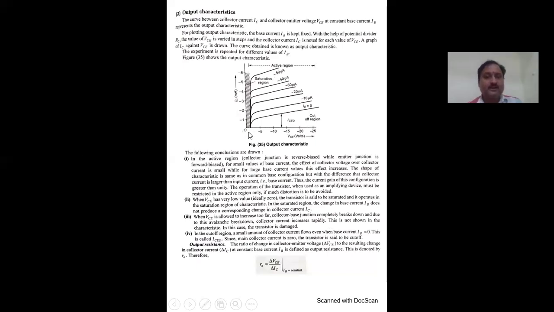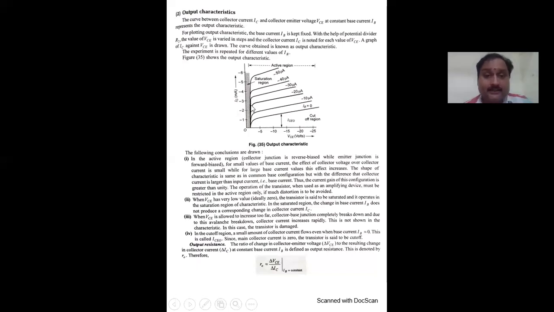We know very well, up to breakover voltage, the current must be zero. That is called as cutoff region. That means up to zero. After that, these indicated lines, this is called as saturation region.